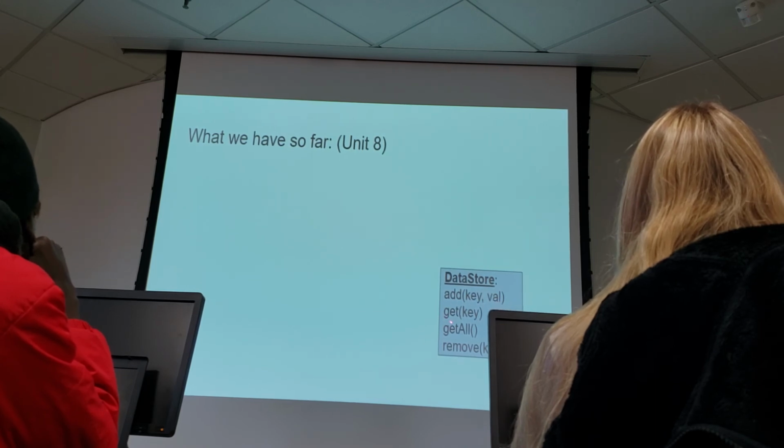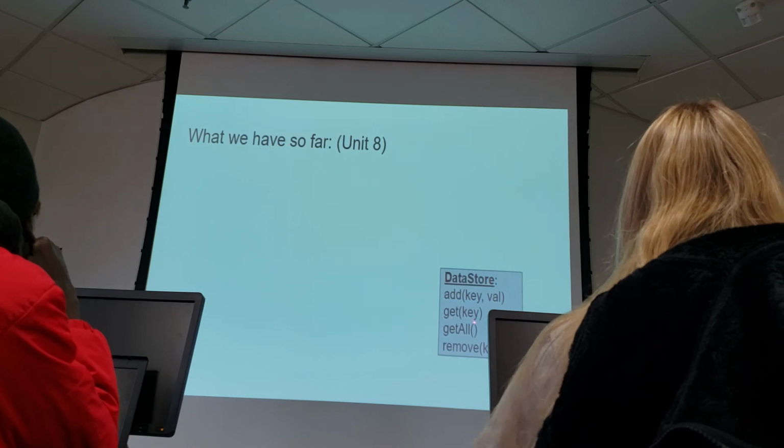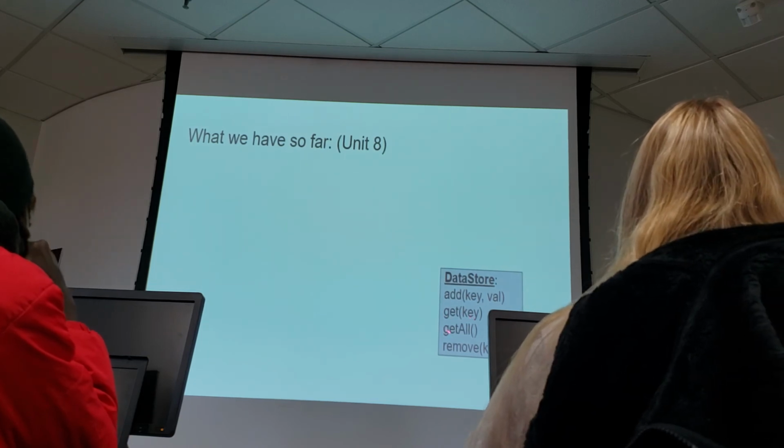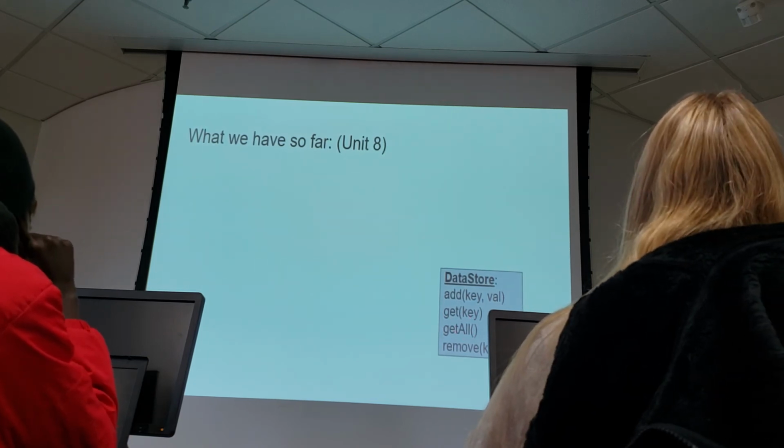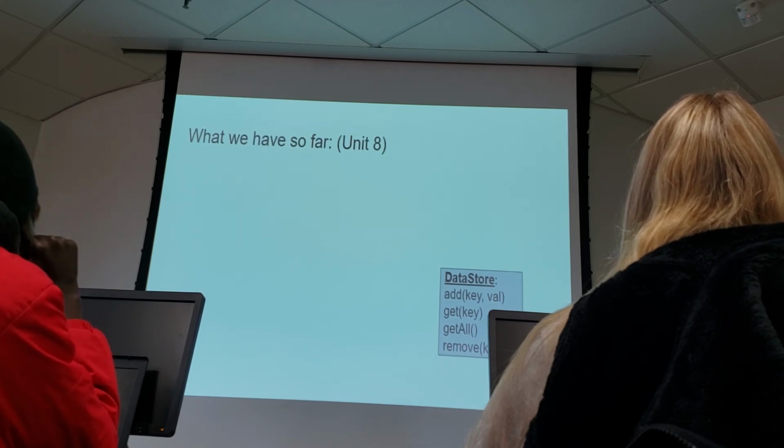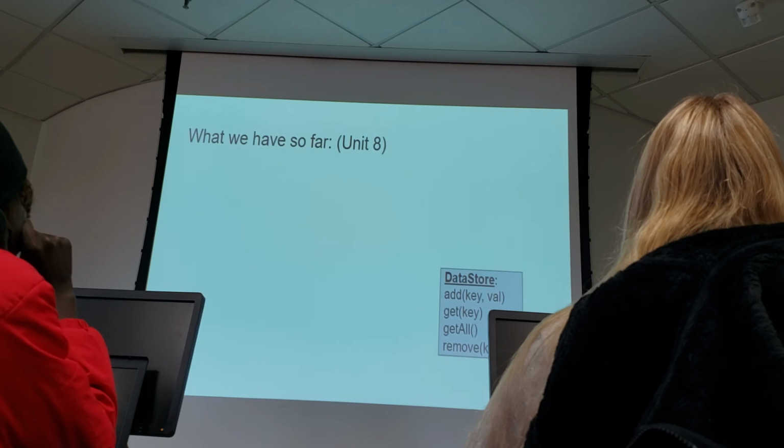If you want to get their coffee order or their email, you get with their key. Get all obviously gets everything, and then remove. So if you want to remove an email, remove an address, whatever, you can remove. So this is all that we have for generic data storing. We could use this with anything. It doesn't have to be Coffee Run. It could be anything where we want to store data.